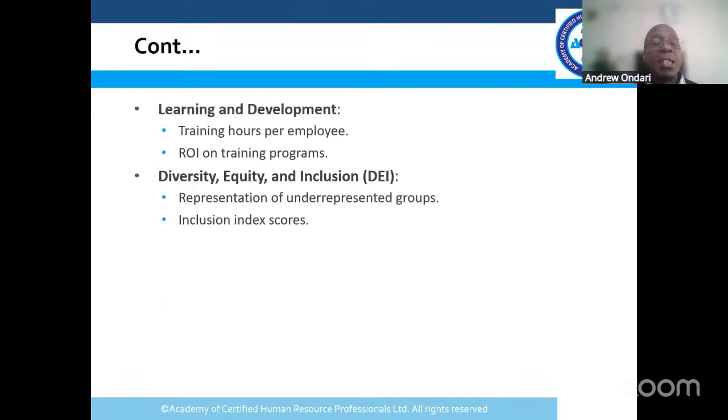Another area is learning and development, where we are talking about training hours per employee. And again, you can calculate this by looking at the total training hours over the term, the number of employees who have been trained.